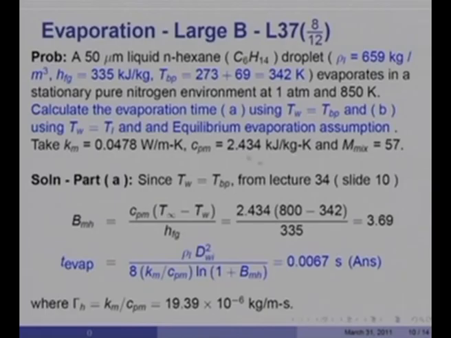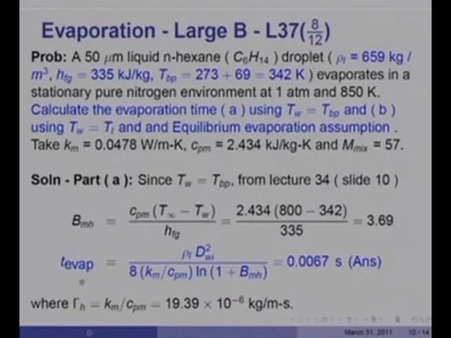So, notice that when the fuel evaporates in a nitrogen environment, it is prevented from burning, and therefore, 3.69 is a very high driving force compared to the problems we have seen so far.